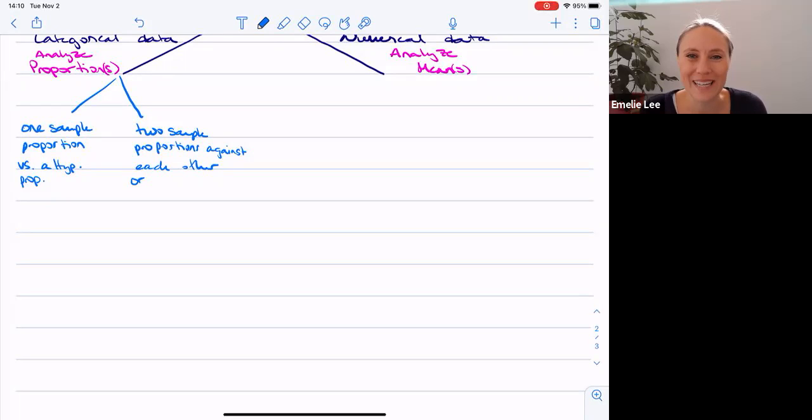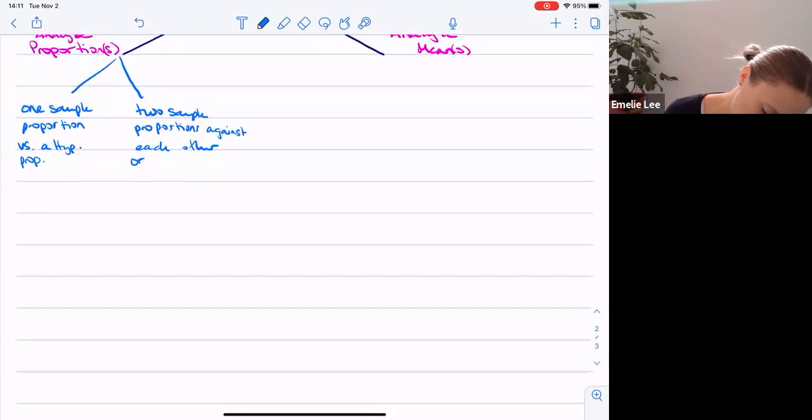That would be things like p1 hat minus p2 hat equals 0.1, for example. If we want to know if there's a difference of 0.1 between the two, then you could set it to something that's not 0. So two sample proportions against each other, or a value of the difference.